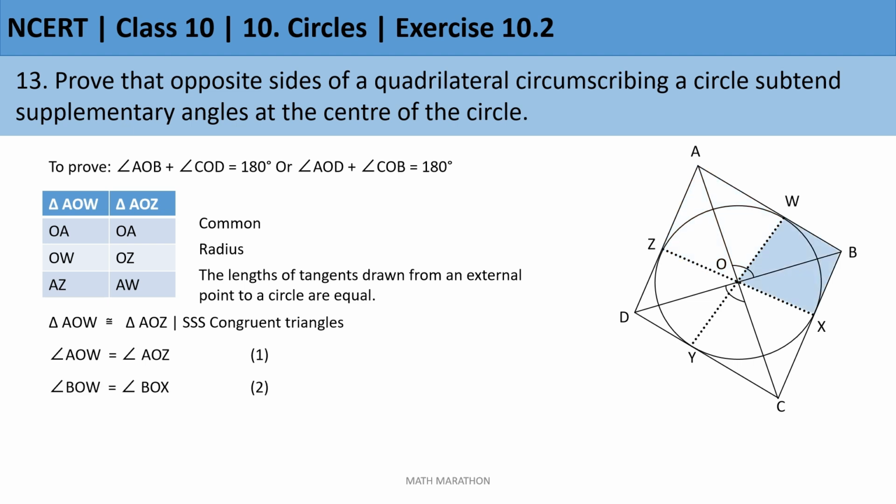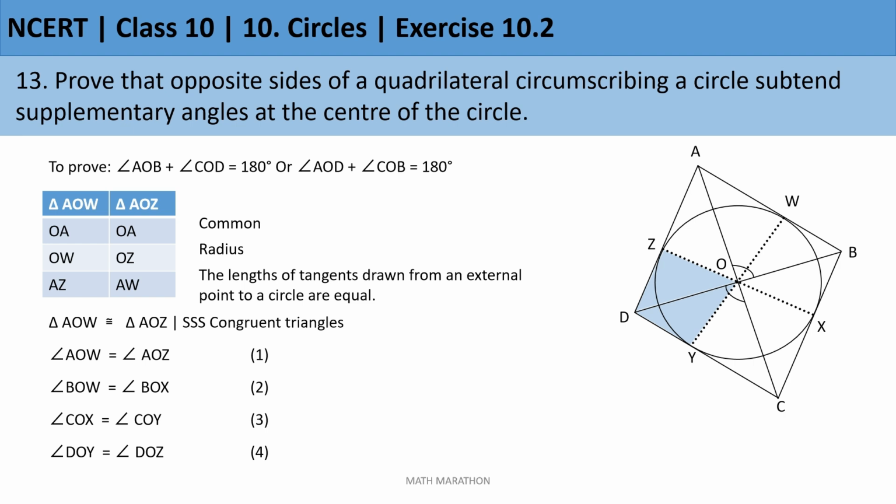Similarly, triangle BOW and triangle BOX are congruent triangles. So, angle BOW is equal to angle BOX. Similarly, triangle COX and triangle COY are congruent triangles. So, angle COX is equal to angle COY. Similarly, triangle DOY and triangle DOZ are congruent triangles.